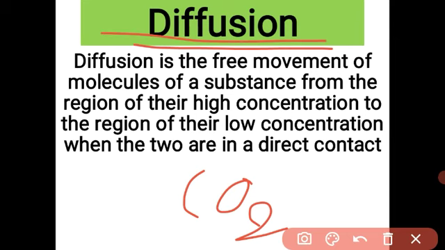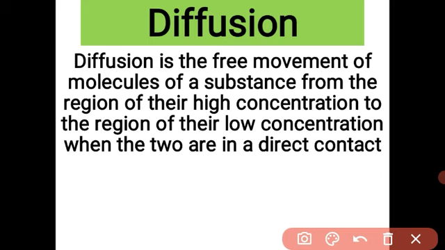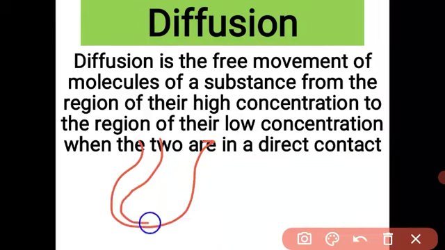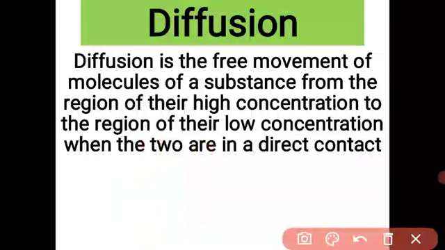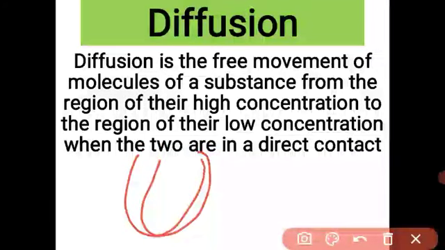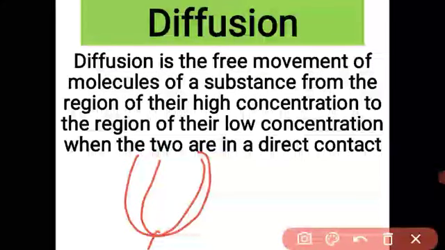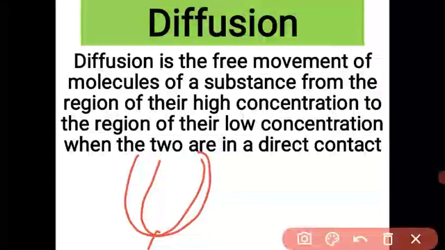In human beings also, in respiration, I explained about that. In the alveoli, carbon dioxide is present in the blood. See beta, you have learned in 8th standard that alveoli is part of the respiratory system.